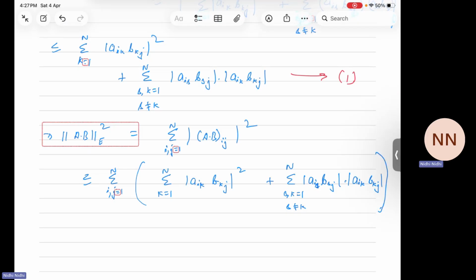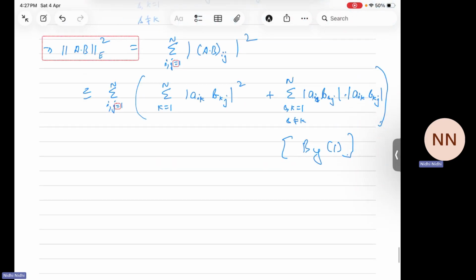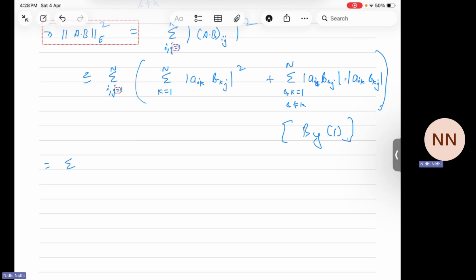So this, I'll write that. This is by inequality 1, and this is equal to the summation ijk from 1 to n of mod a_ik b_kj squared, plus the summation ijk from 1 to n with s not equal to k of a_is b_sj a_ik b_kj.